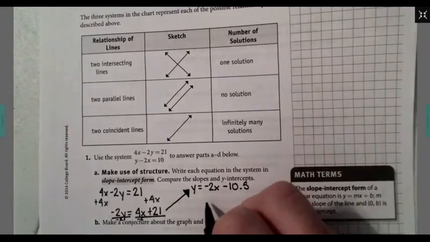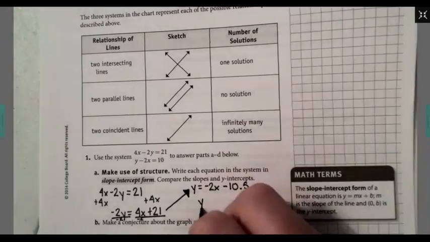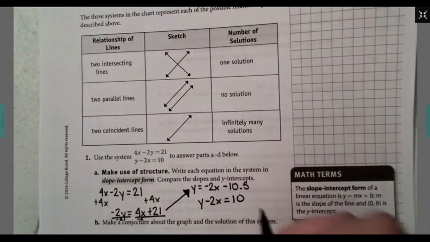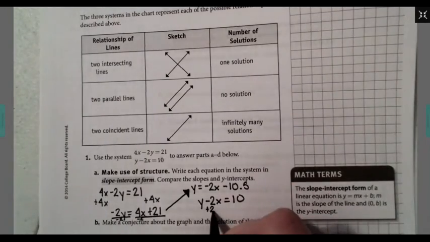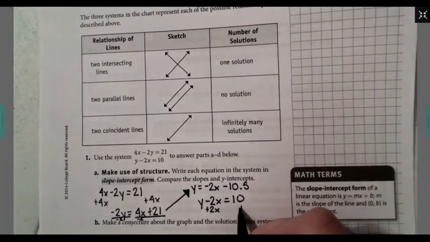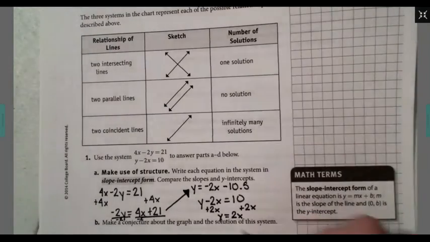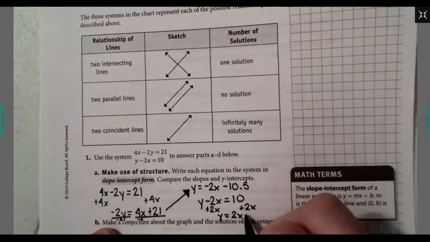Let's take a look at the second one. y minus 2x equals 10. So we need to add 2x. y equals 2x plus 10. Oops, I gotta go back. Sorry.